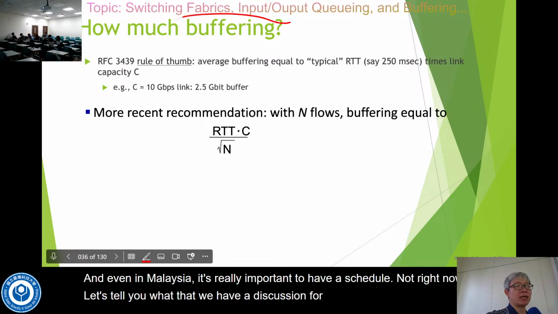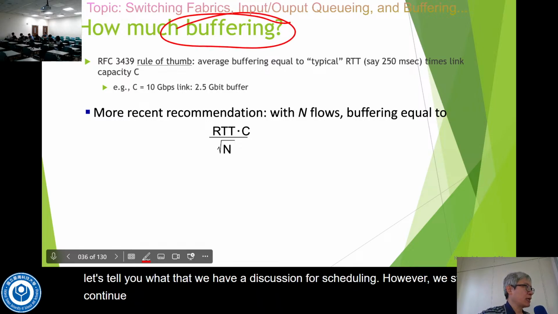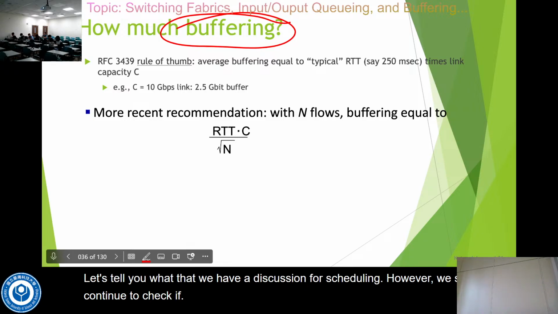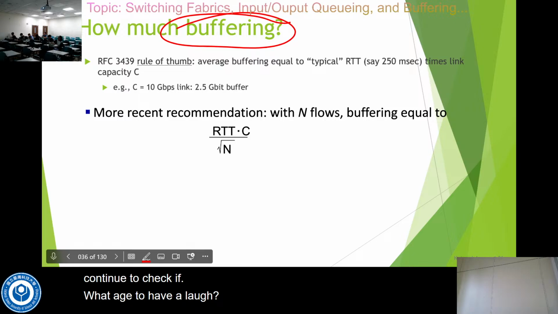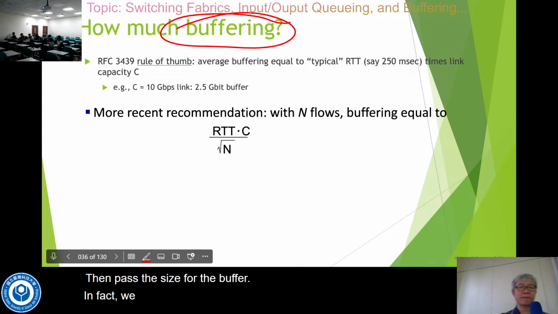However, we still continue to check if we need a buffer. Then, what's the size for the buffer? In fact, we have a rule of thumb.